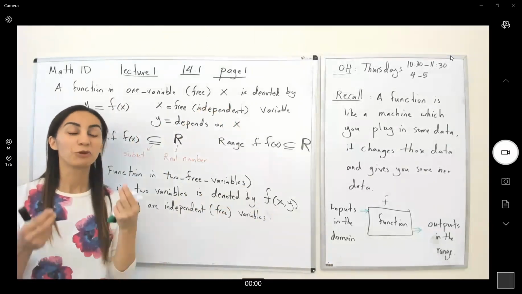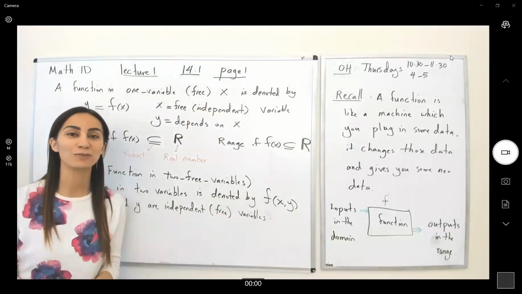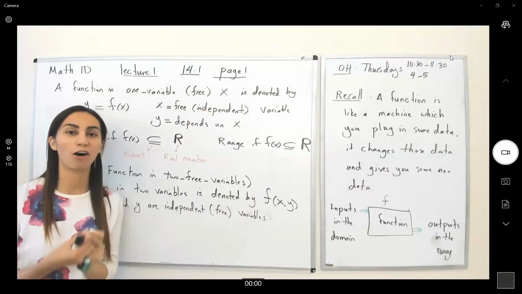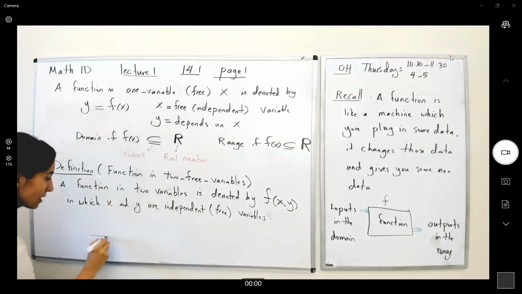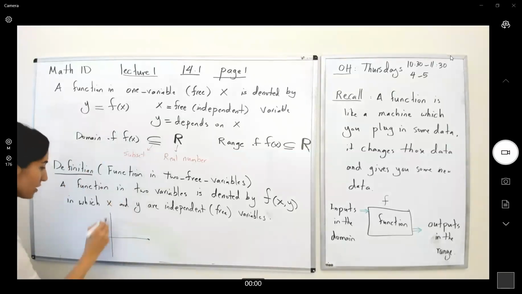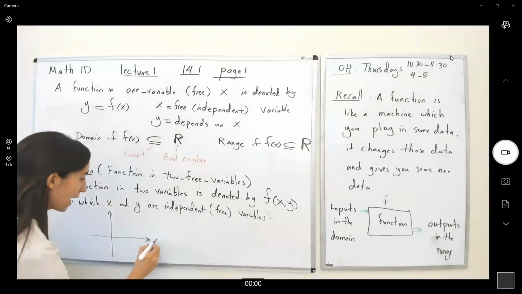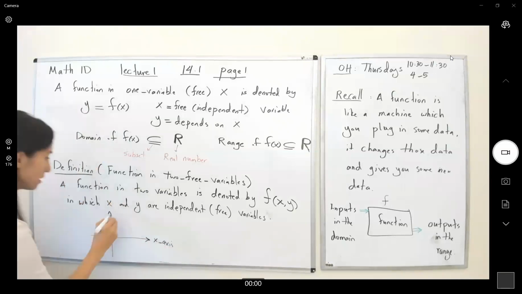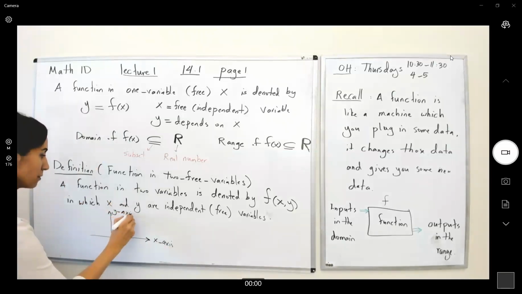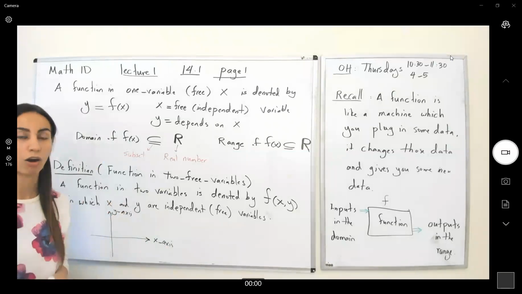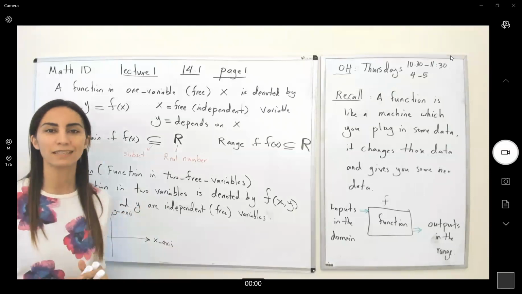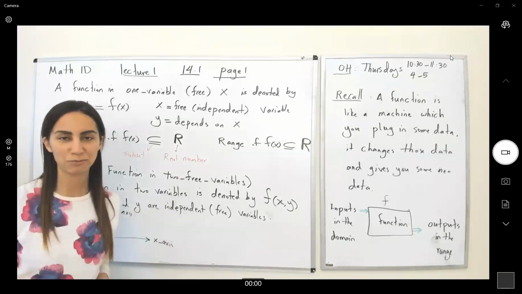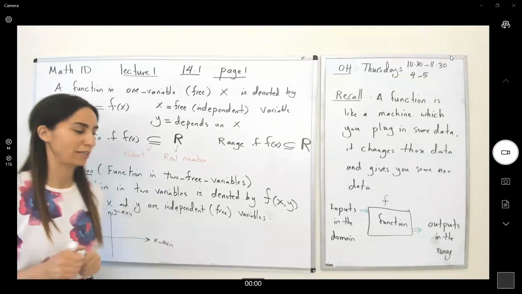Okay, very well. So instead of having just one free variable, you have two free variables. So your domain is going to be a subset of plane. X and y are points in x, y axis. You have x axis, you have y axis. The domain of a function in two variables is a subset of Cartesian plane or just a plane.